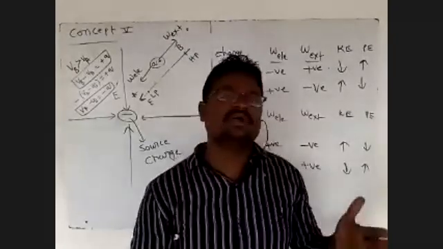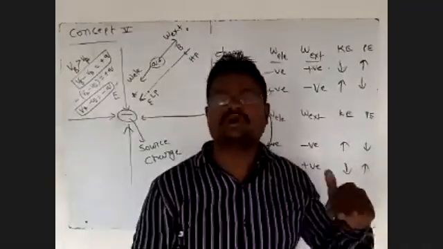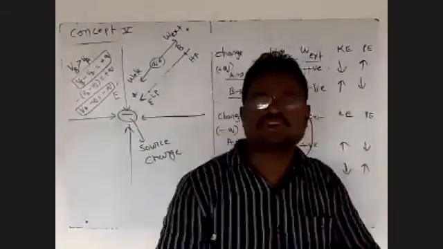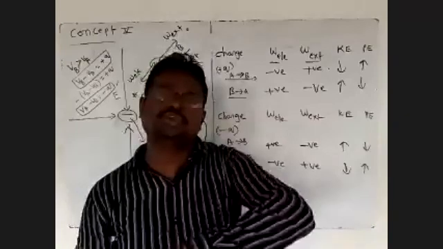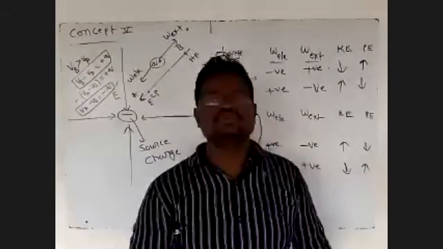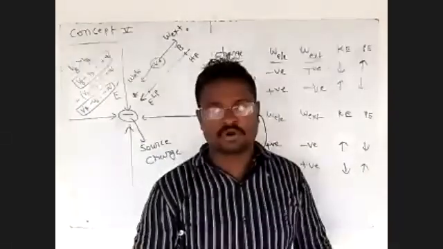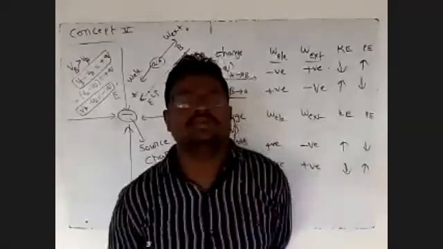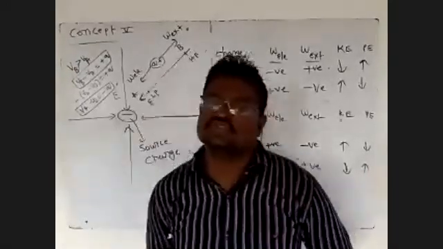Electric potential is the electrical condition of a body which determines the direction of flow of charges. Positive charge gives positive potential, negative charge gives negative potential. A neutral body has zero potential.